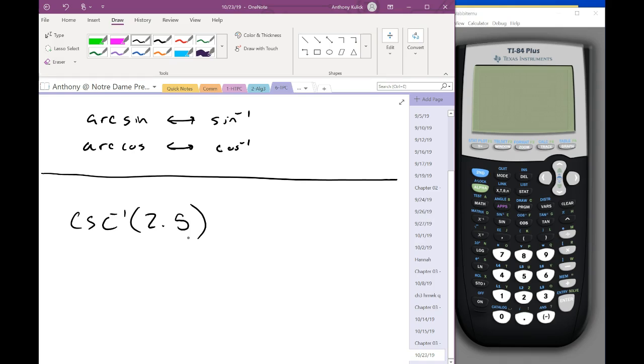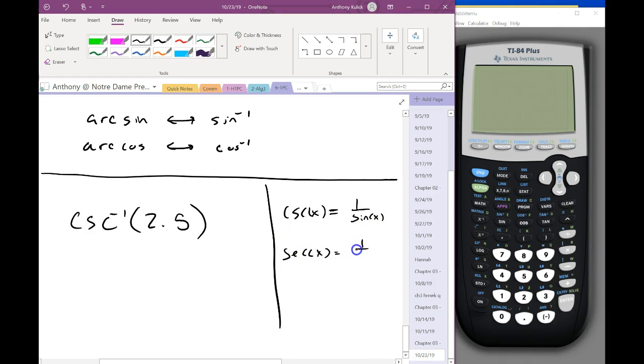Remember that there were actually 6 trig functions we defined way back when. There's sine, cosine, and tangent that we've worked with a lot. The other 3 were cosecant, secant, and cotangent. Remember cosecant of x: which one was that related to? It was sine. Secant was related to cosine, and cotangent was related to tangent.